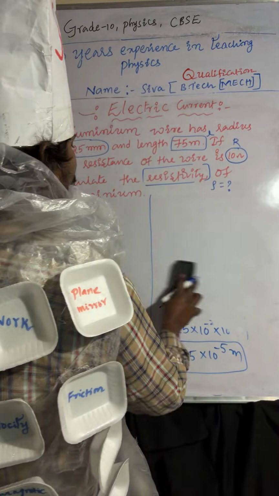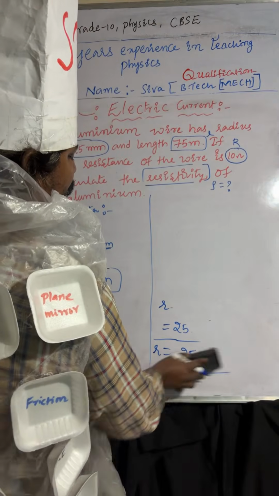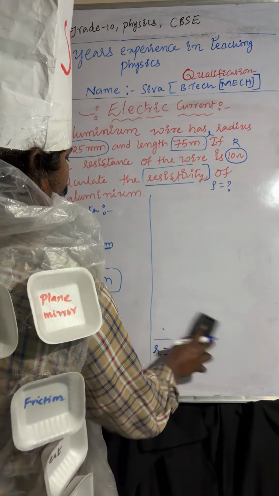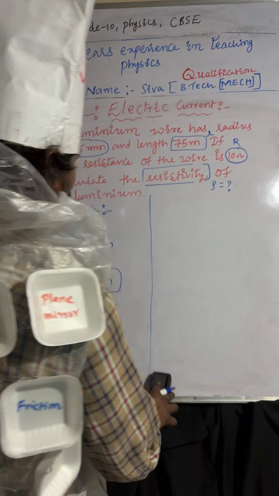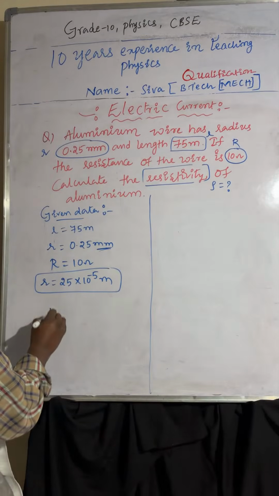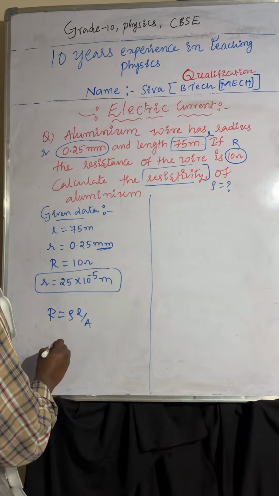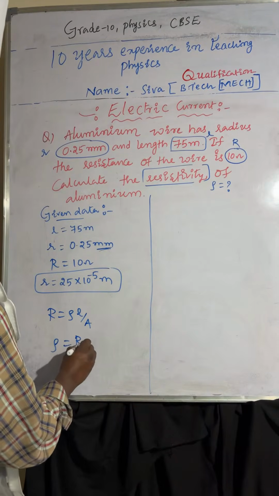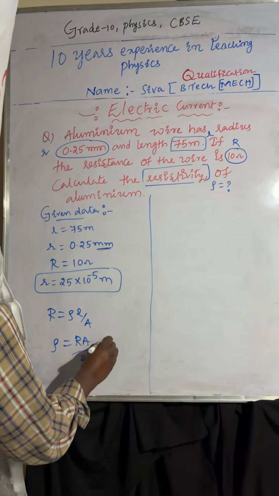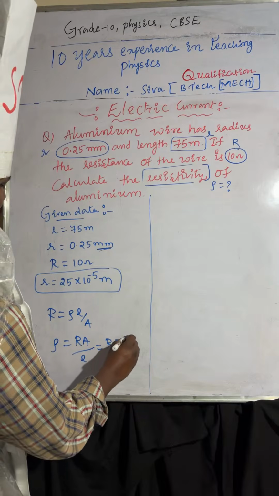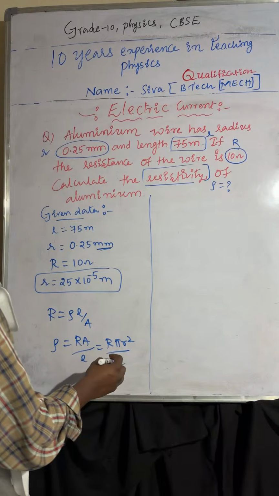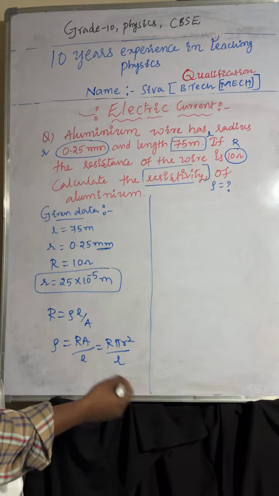Here you can observe now. So I am taking R equal to rho into L by A, so rho equal to RA by L, that is nothing but R into pi R square by L. So pi equal to 3.14.